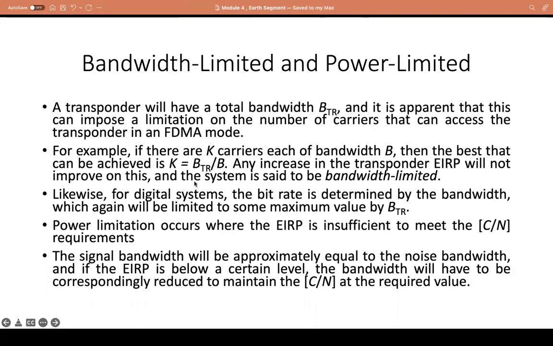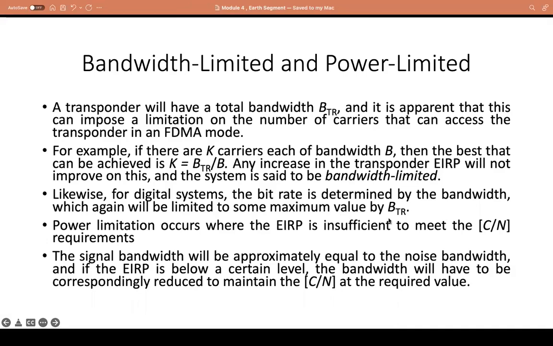Which means I am tied to this k. K equals BTR by B, where BTR is the total bandwidth.